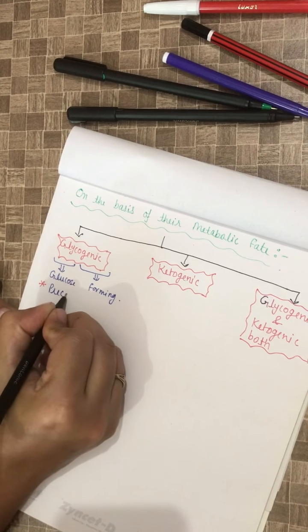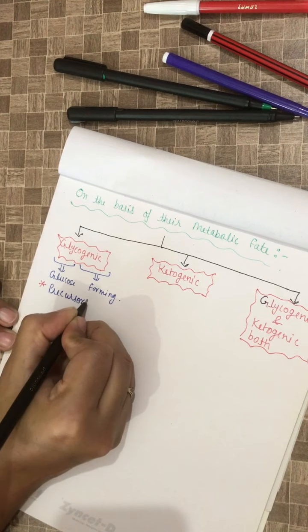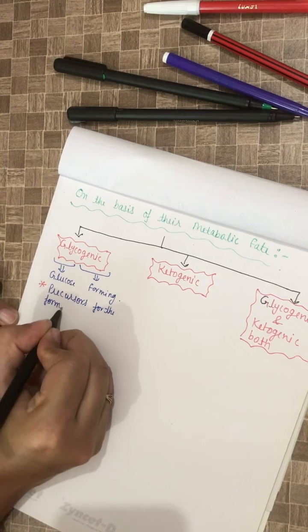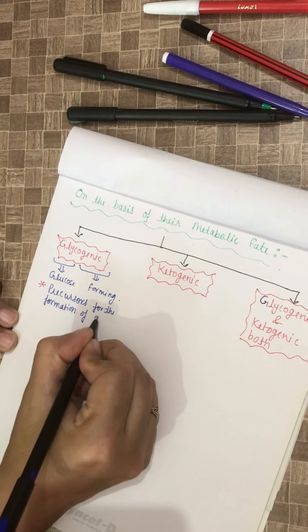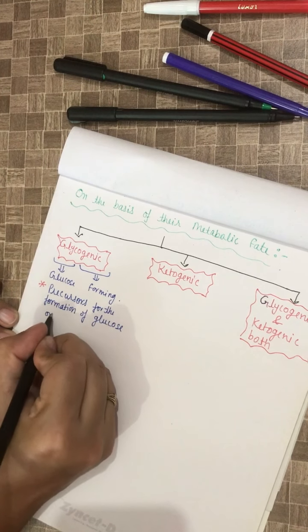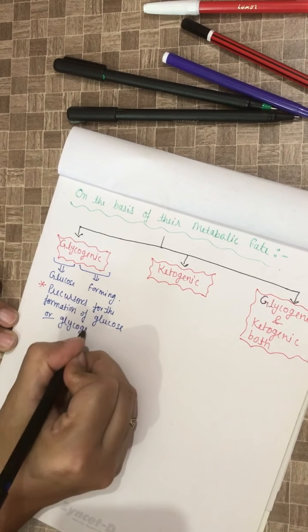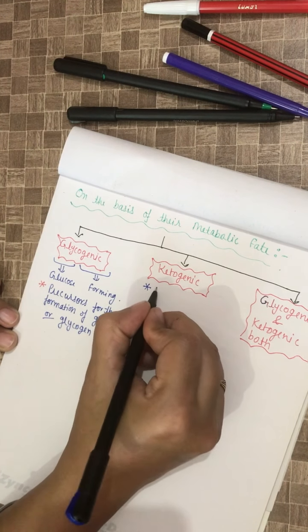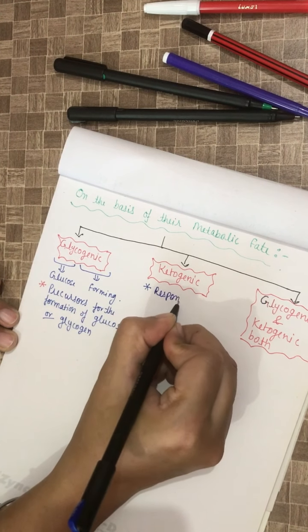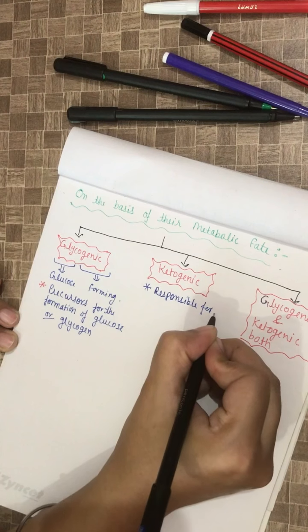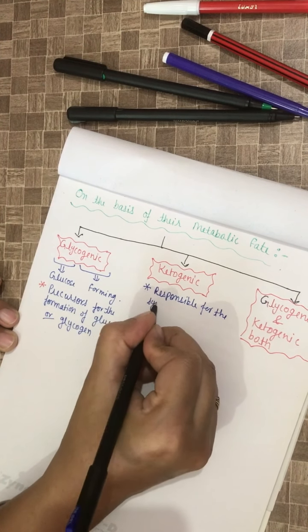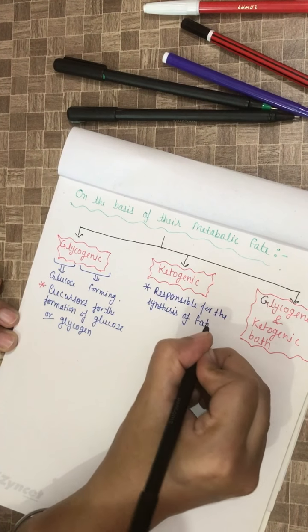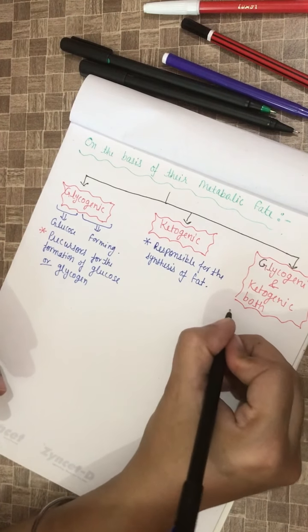So these are precursors for the formation of glucose or glycogen, and ketogenic are responsible for the synthesis of fat.